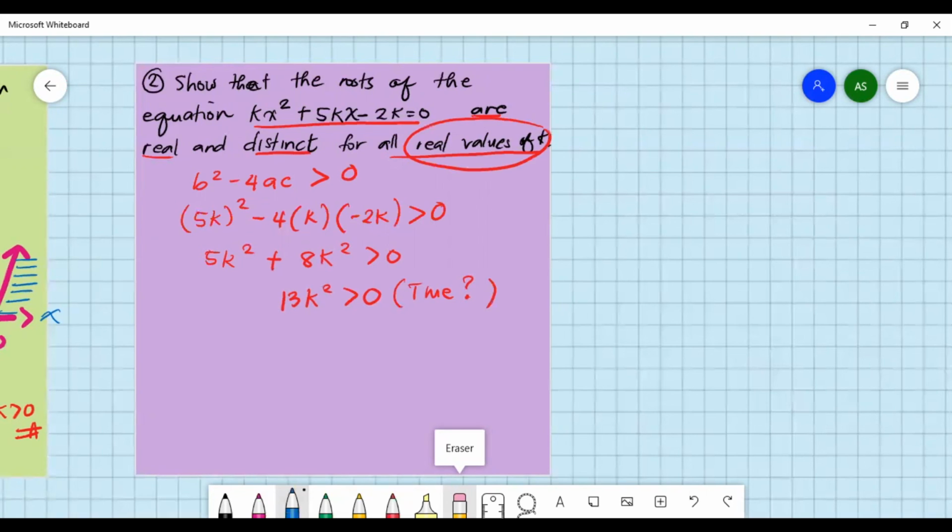Definitely, it is true because k squared is always positive regardless of the value of k that you substitute. And that means 13k squared is always positive for all values of k.